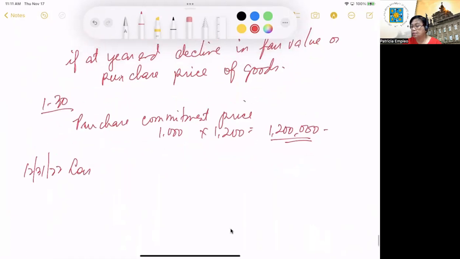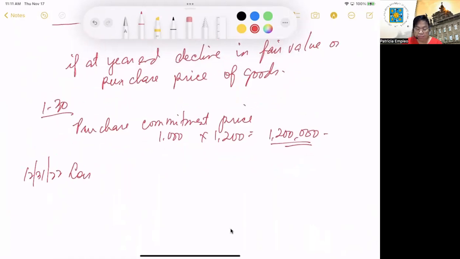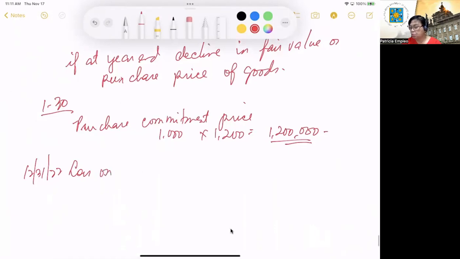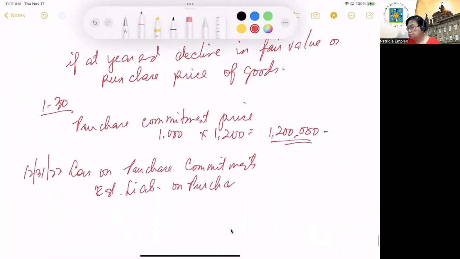If there is a decline in the purchase price or fair value of the goods you committed to purchase, then you are to record the loss. We debit loss on purchase commitments and credit estimated liability on purchase commitment. The committed price is 1,200, but it had fallen to 1,150.